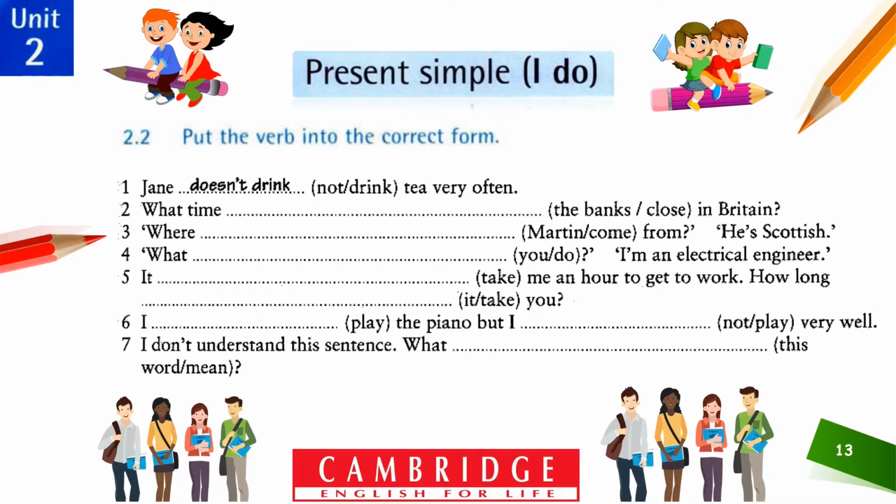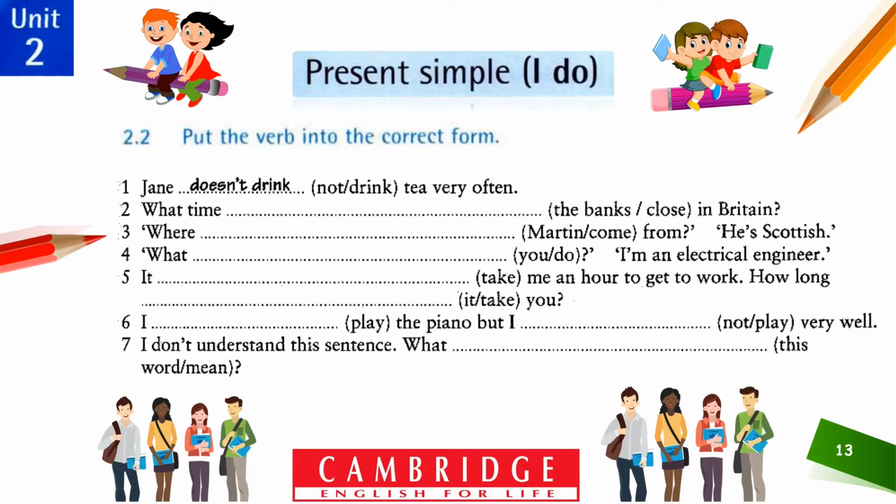Students, here we have 2.2, put the verb into the correct form. Here you have sentences, and each sentence has a verb. You need to understand the sentence properly and accordingly give the answer. For example, the first sentence: Jane dash not drink tea very often. First we need to understand Jane. Jane means what?